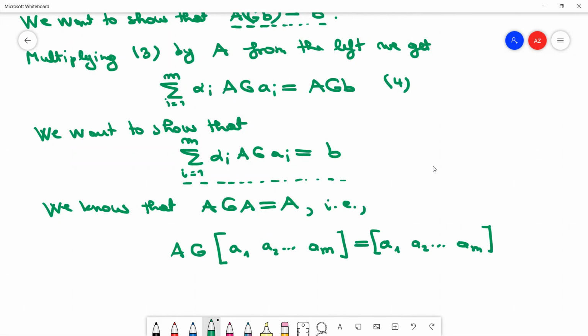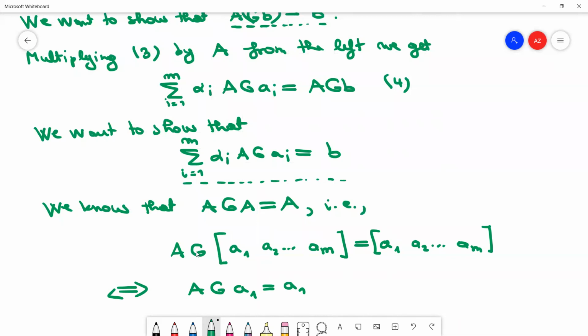Or writing this in the vector way, this is further equivalent to AG A1 is equal to A1. So AG on the first column is the same as the first column of the right side.